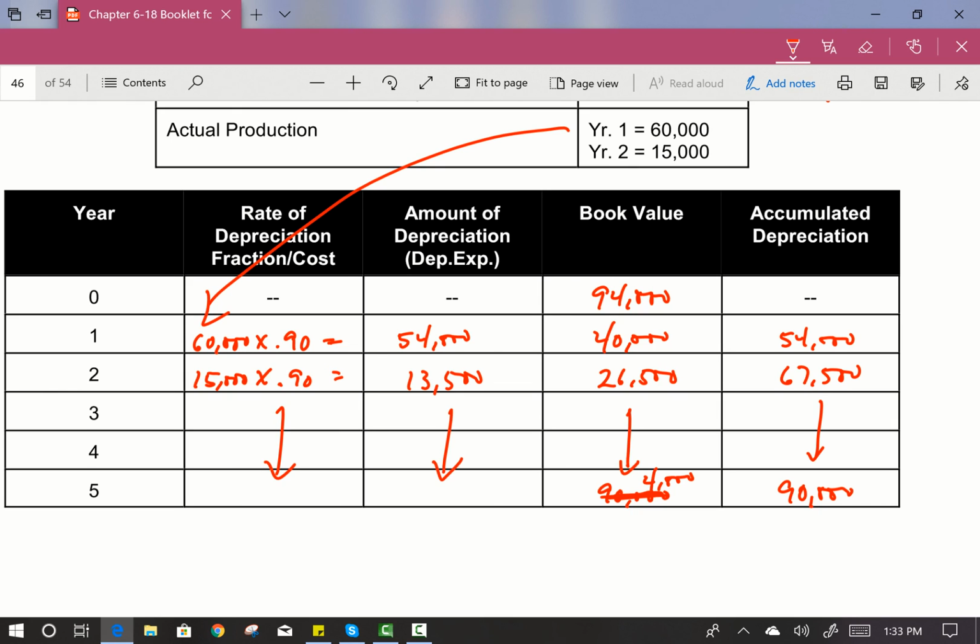You start with the cost of the machine, and it works all the way down to the residual value for your book value, and your accumulated depreciation will go no greater than the depreciable amount, which is the cost less your residual value. It's for manufacturing companies or people who work with equipment and produce items, and it's manufacturing for the most part.